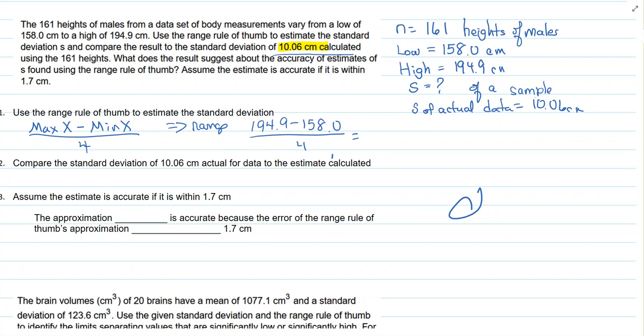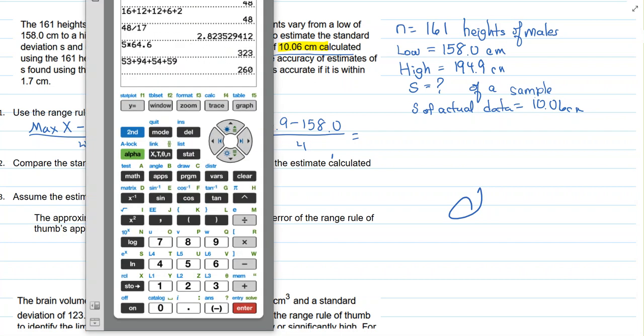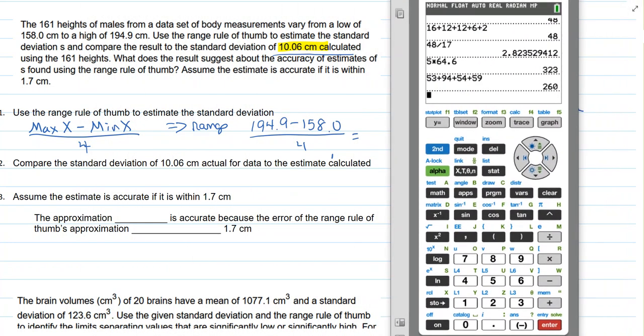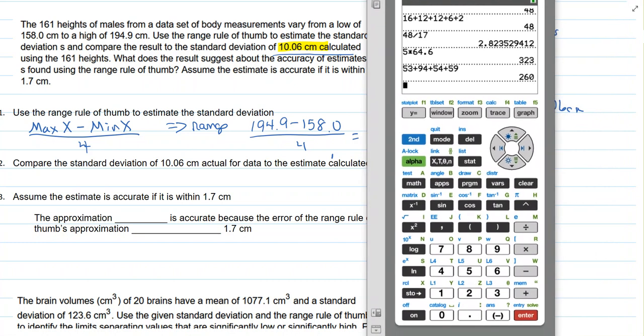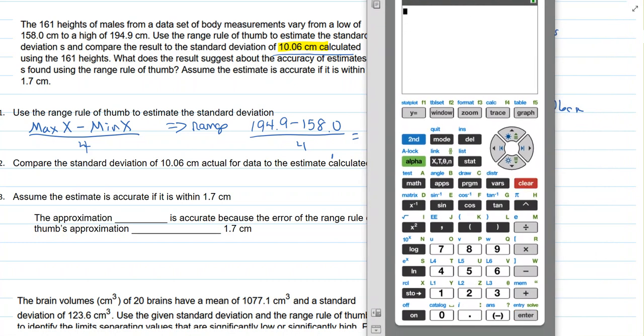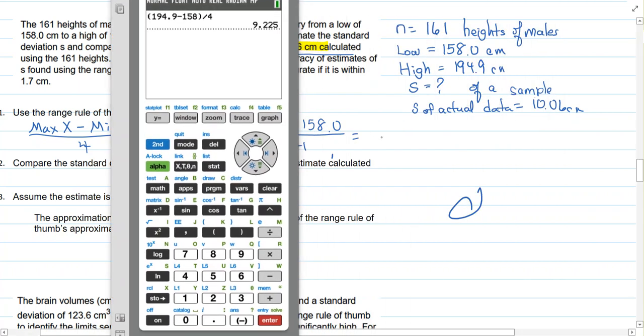Here we go. So we're going to take the math. Let me get my calculator. I'm going to clear the screen from what we did before. Open parentheses, 194.9 minus the 158, close parenthesis, divided by 4, and enter. 9.225.